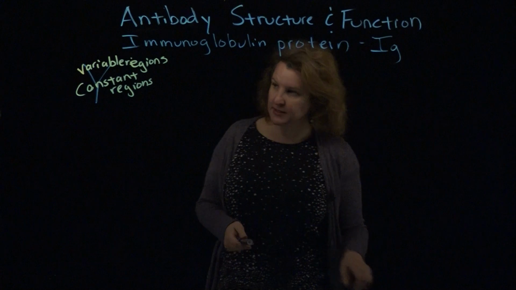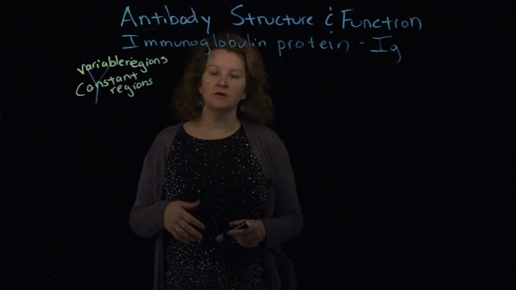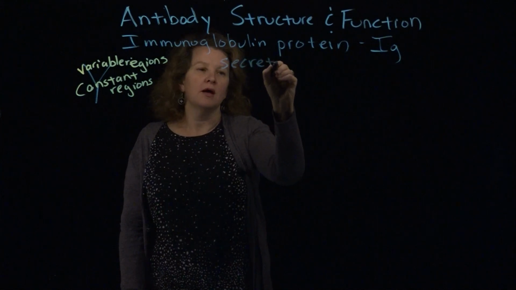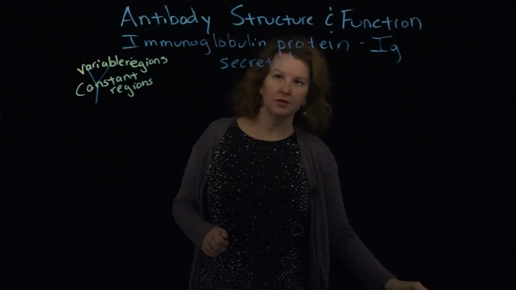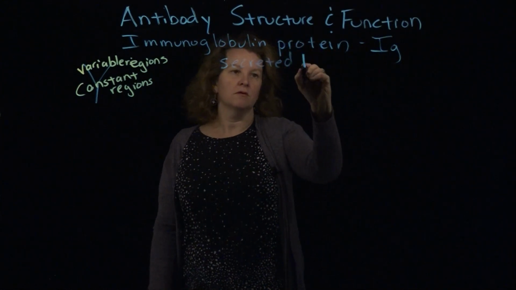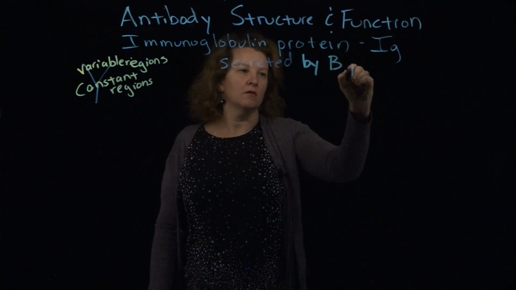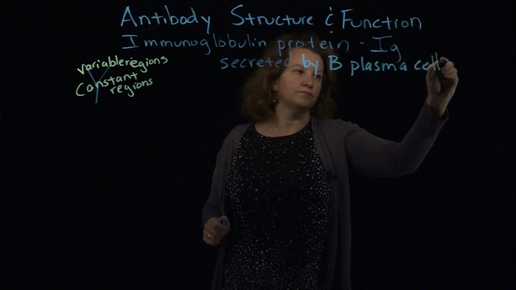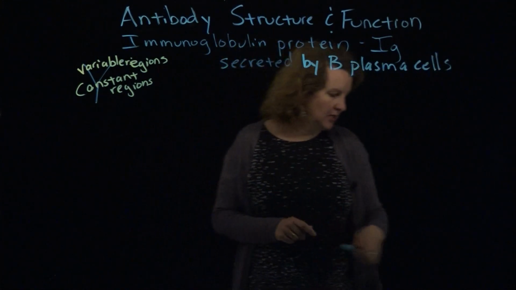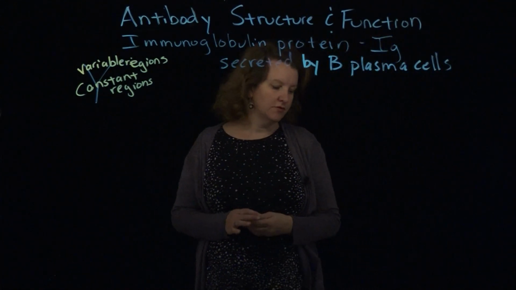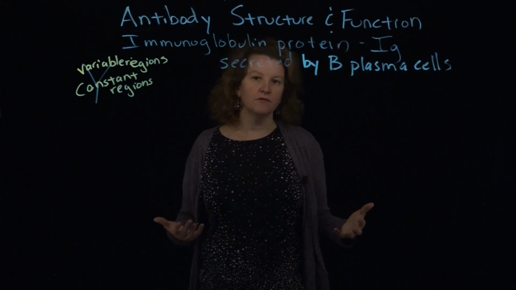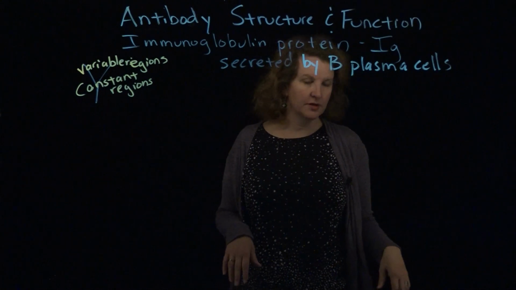Okay, so antibodies are just a protein piece, so they're secreted by B cells, and specifically by B plasma cells. And again, the B cell system is often referred to as humoral immunity because it's secreted in the bloodstream or the body fluids, which used to be called the humors.